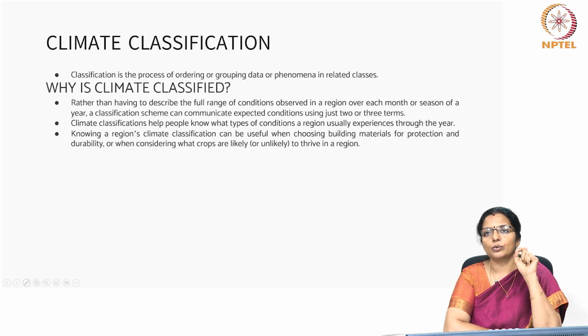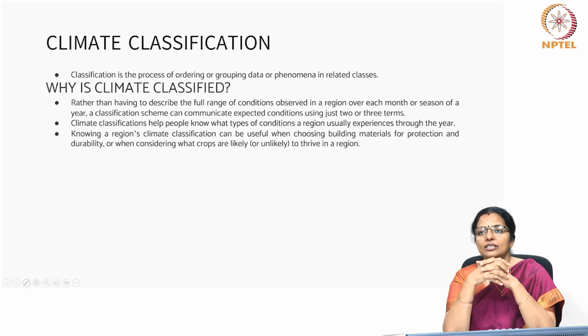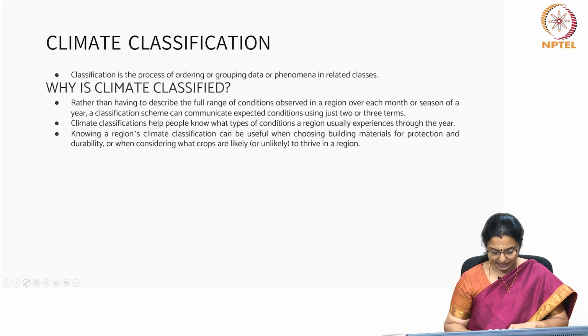This helps us to understand what kind of weather to expect in different regions throughout the year. It's handy for things like choosing materials for building that can withstand the weather, or deciding which crops will go well in a certain weather. So climate classification makes life easier by giving us a quick idea of what to expect in a place.